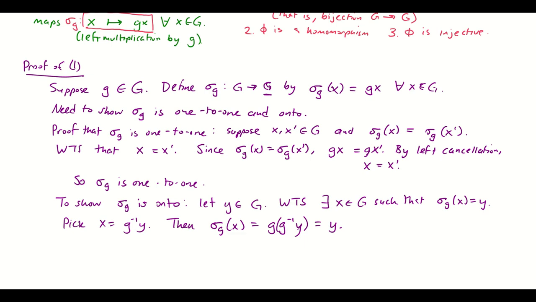That's great, because that's what I wanted to show. I wanted to show that there's some x which maps to y. So sigma g is onto, because for any y in the group, I was able to find some element of the group which maps to y. All right, so sigma g is bijective, and therefore a permutation.